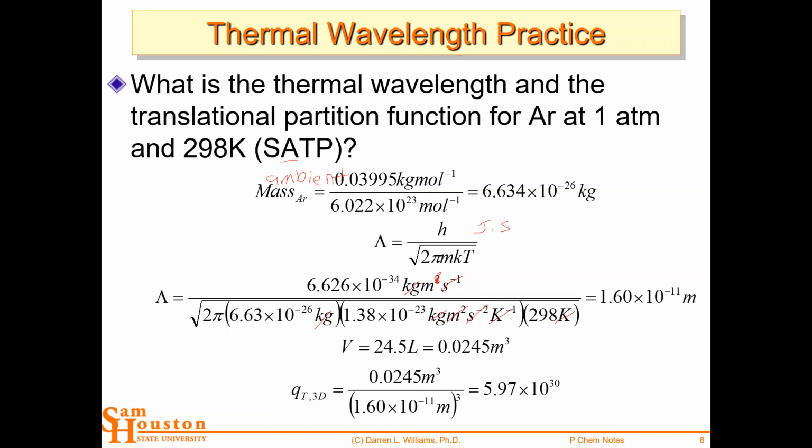In fact, it would be difficult to detect the quantum nature of translation because there's so many populated energy levels. How would you tell if that population changed a little bit? If it went from 5 or 6 times 10 to the 30 to maybe 8 times 10 to the 30, it's still such a huge number. You really can't see that it changed at all.